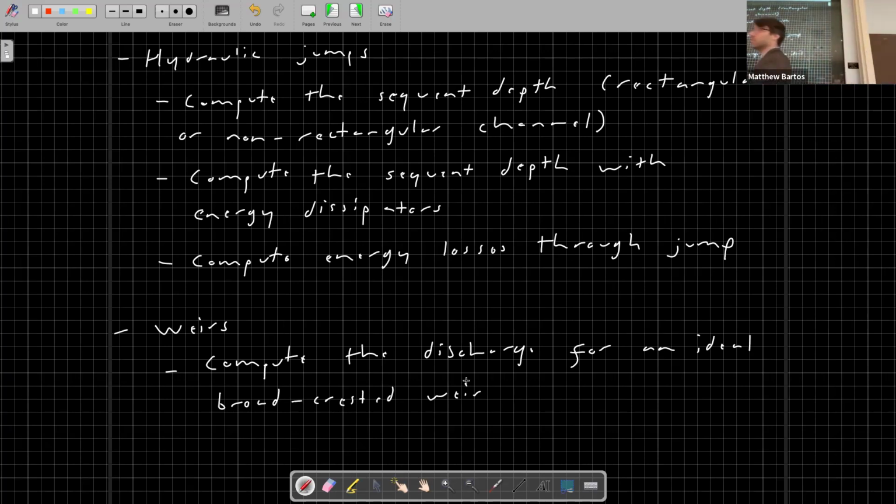Understand the assumptions that go into deriving the discharge equation for a broad-crested weir and how they might be adjusted for certain other conditions. Okay, are there any questions on these two subjects related to rapidly varied flow?